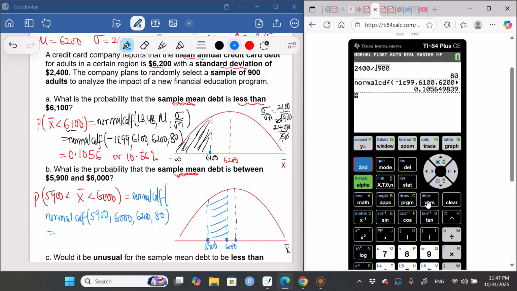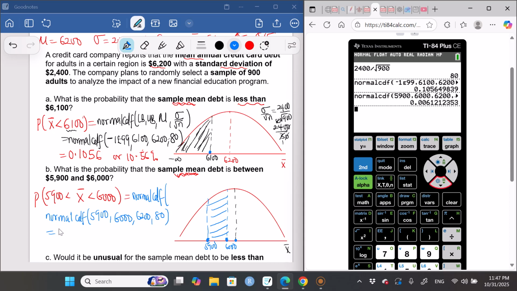So second distribution, then you come to the normal CDF. Now our lower bound is quite different now. We have the 5,900 and the upper bound is going to be 6,000. The mean remained the same, the sigma remained the same. So you can paste and see.